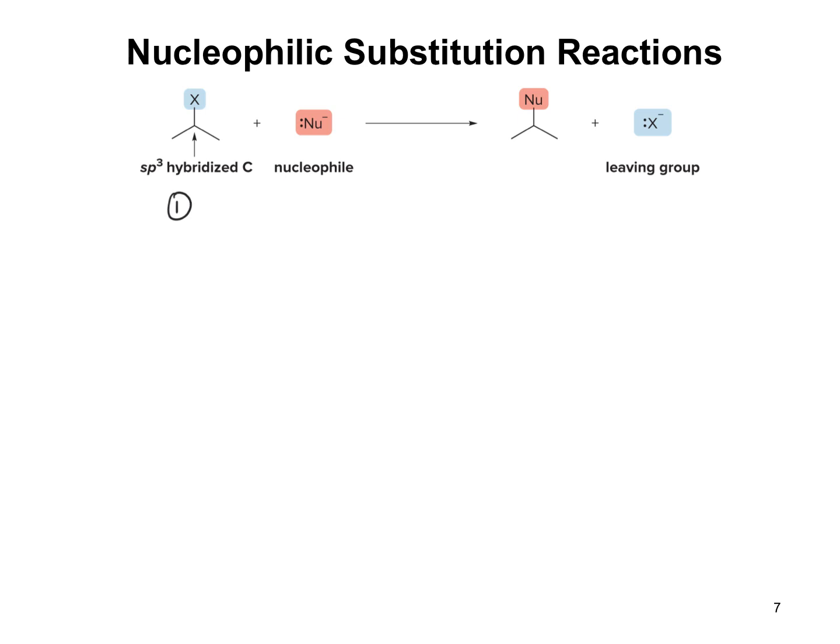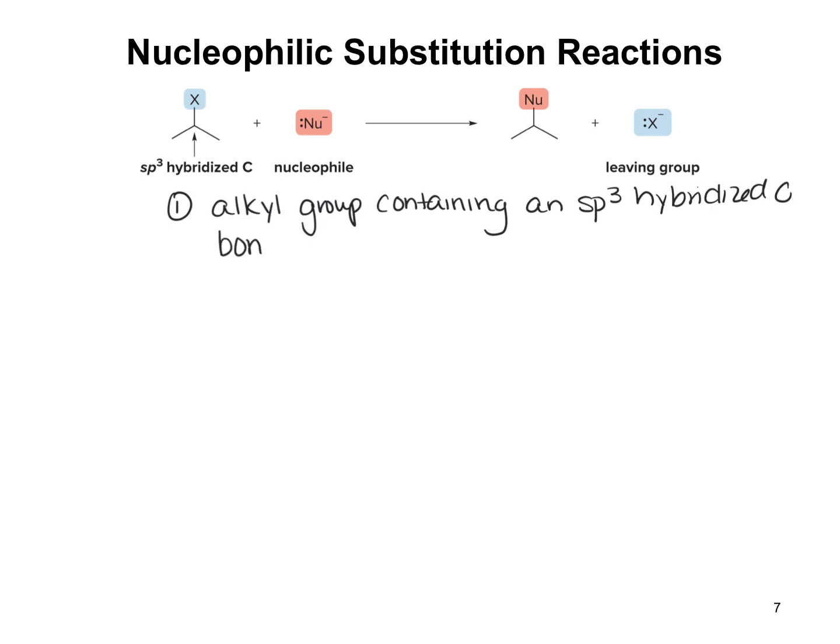So the first thing you need for a substitution reaction is that you need an alkyl group containing an sp3 hybridized carbon bonded to a halogen, which in this case, because we're looking at alkyl halides, is a halogen, but it could be some sort of electronegative atom, here shown with an X.